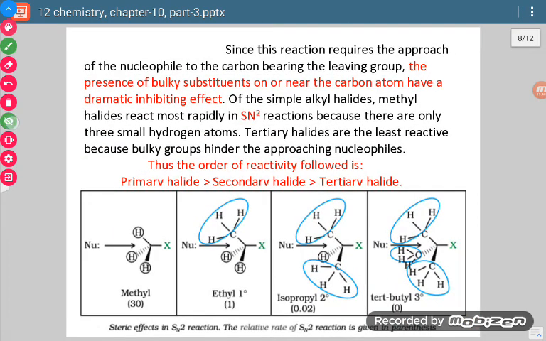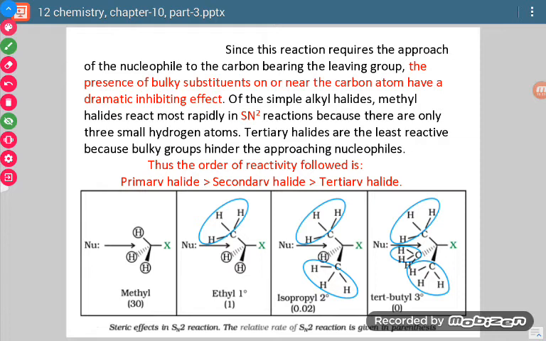Now one more thing: we just discussed that in the SN2 mechanism there is just one step involved and there is formation of a transition state. So let us discuss now which type of molecules will undergo the SN2 mechanism.